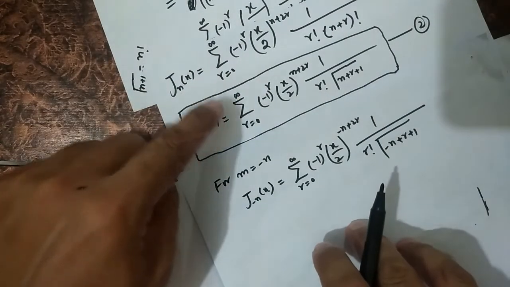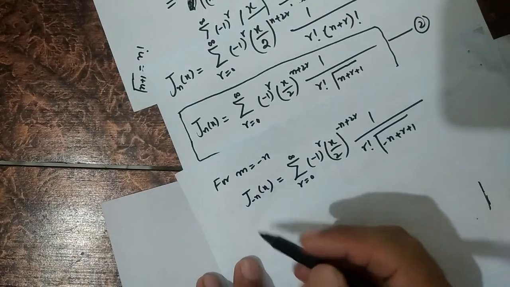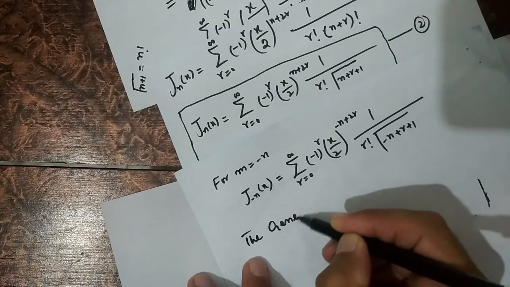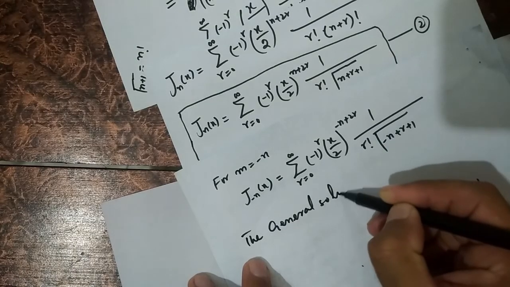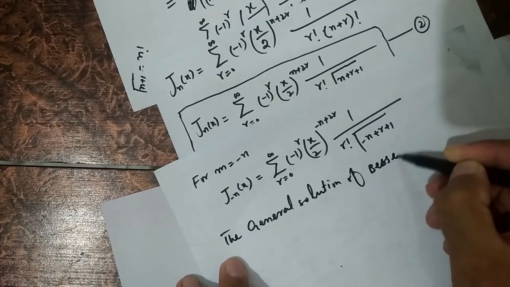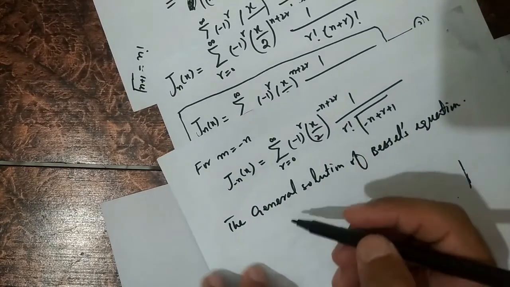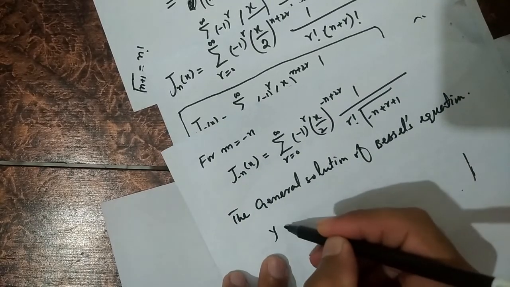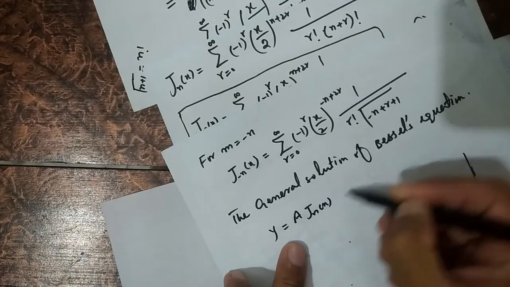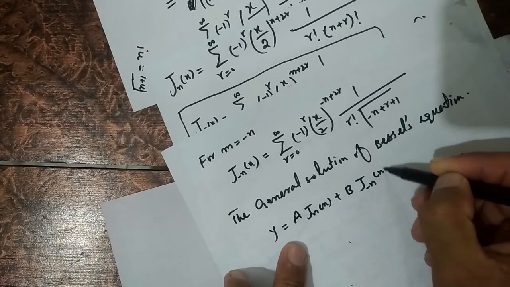This is the particular solution of the Bessel equation, and the general solution of the Bessel equation will become like this one, which is y equals to a J n of x plus b J minus n of x.